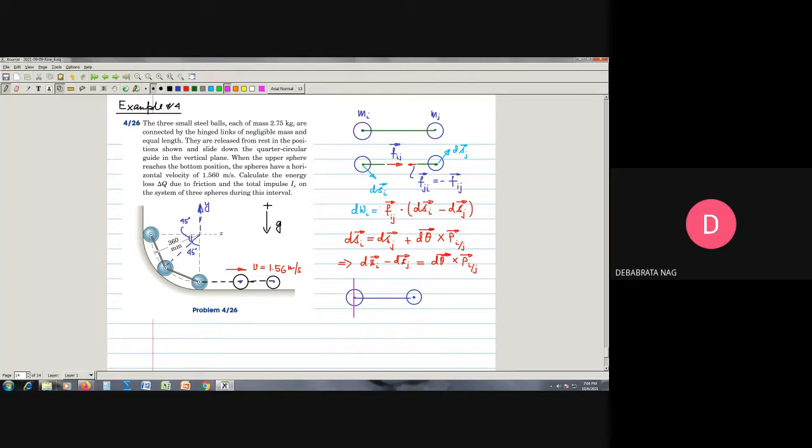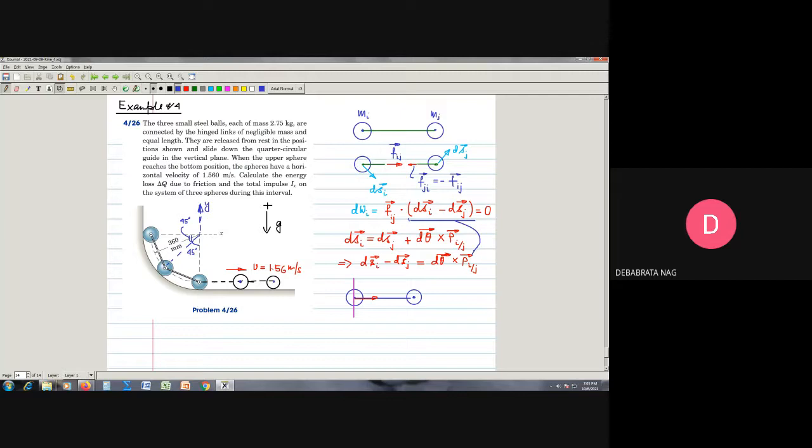Since we are going to take our work done, which is taken to be the dot product of the 2 vectors, one vector representing this differential relative displacement, and the other your force vector, and these two are going to be at 90 degrees with respect to each other. So obviously for a rigid system the result turns out to be 0.